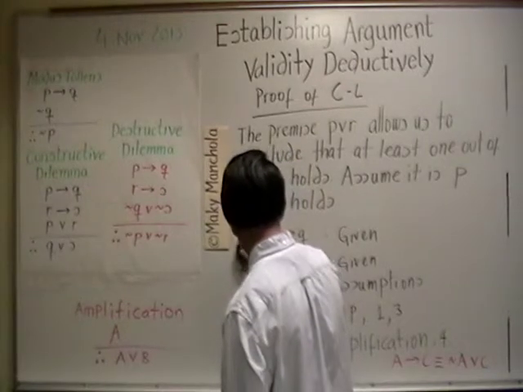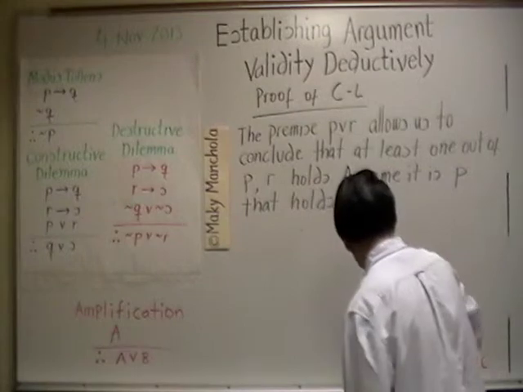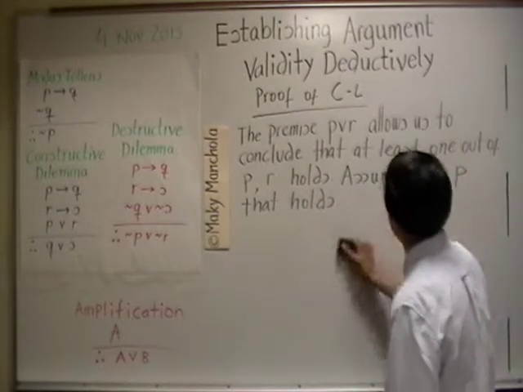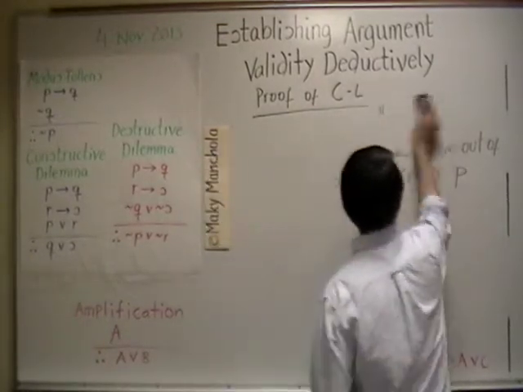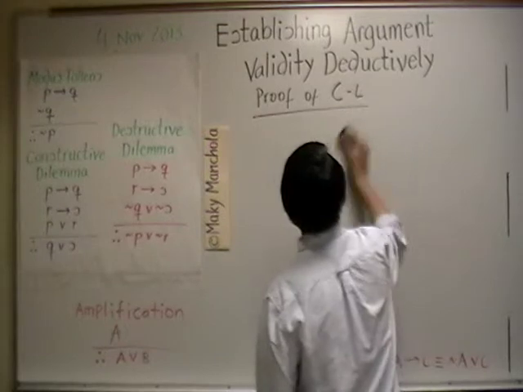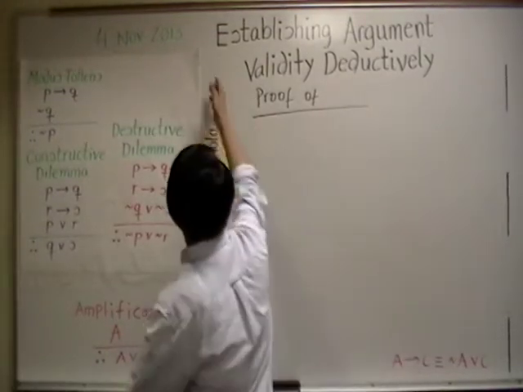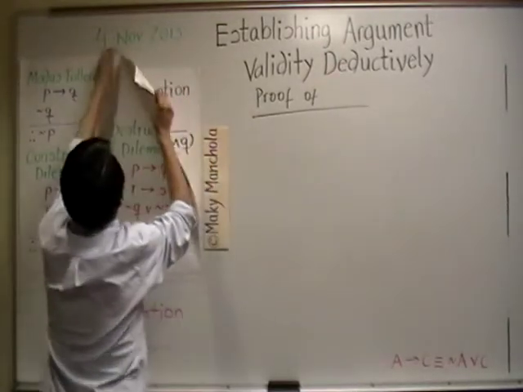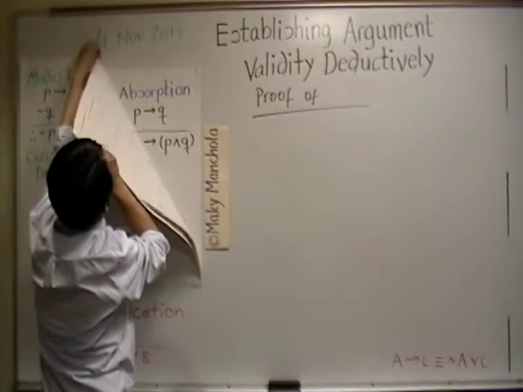Let's exemplify one more time. Let's set out to establish one of our inference rules, the very last one in our list, which was absorption.